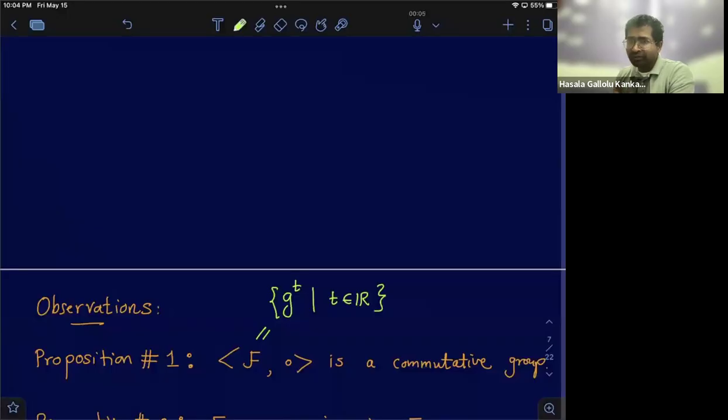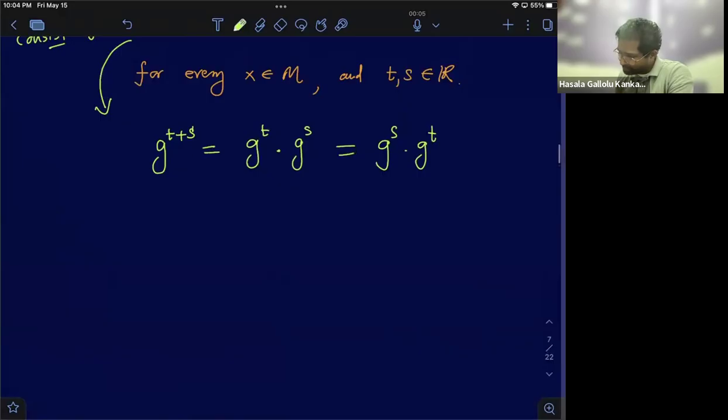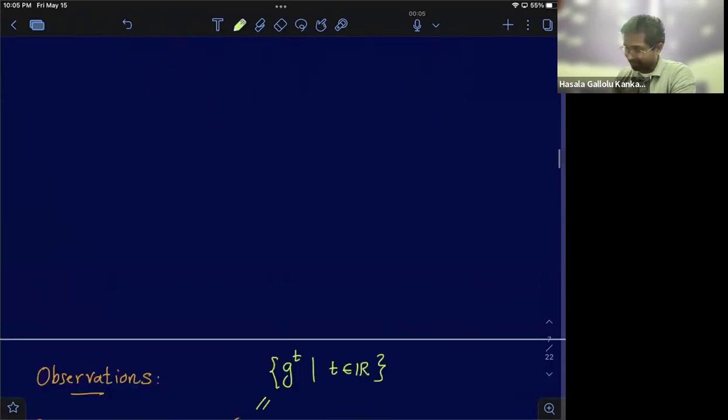We know the meaning of commutative. Commutative simply means exactly what we have seen right here. The order of the composition would not matter. You can interchange the order of the composition. It's going to do the same thing. So it is a very rich demand actually.